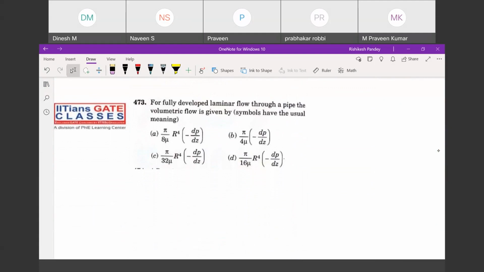473. Volumetric flow is what? Discharge Q. Q is area multiplied by average velocity. Now you tell.